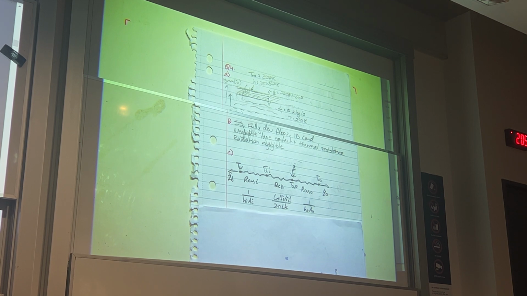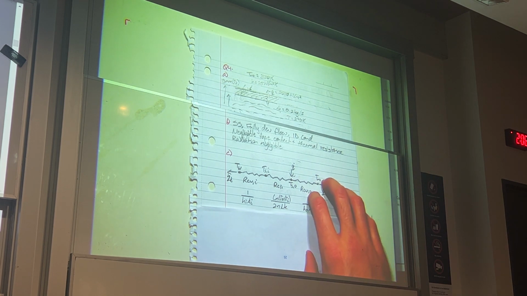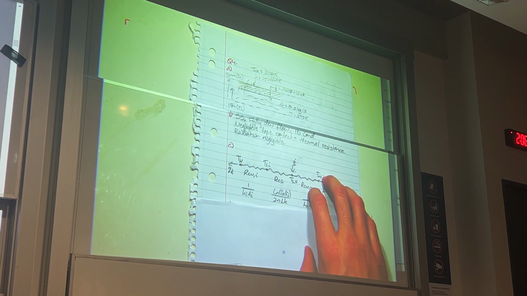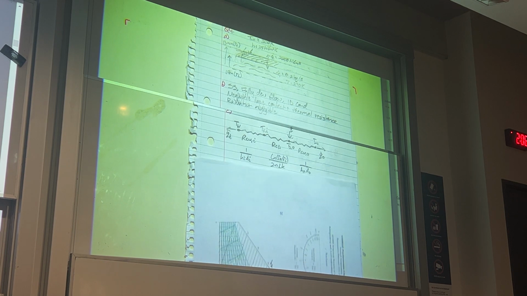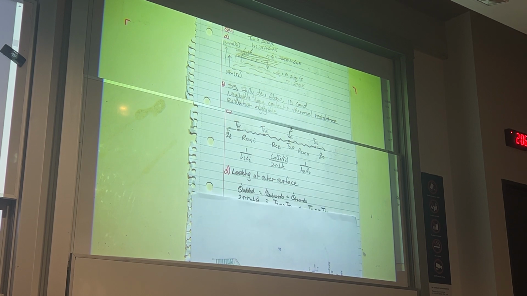Alright, so now that we have our thermal resistance network, we want to create our heat transfer equation. I believe what they've done is they've looked at the heat transfer from the outer surface. It's a bit weird, as you can imagine. The heat added is equal to the heat that we project outwards plus the heat we project inwards.